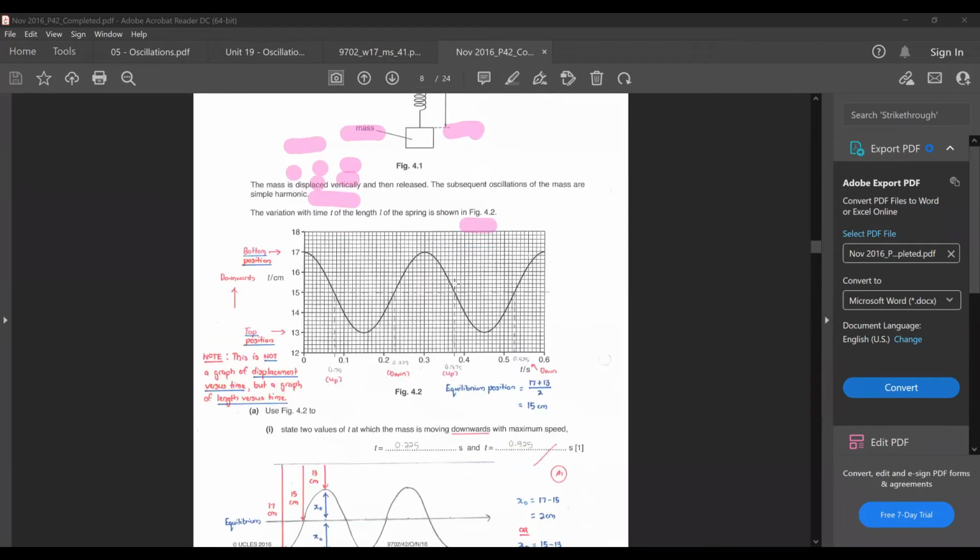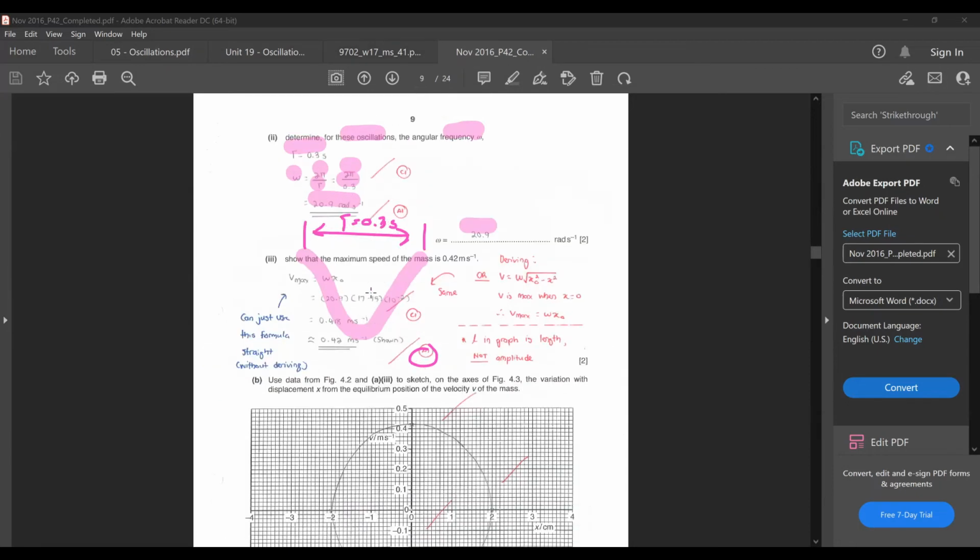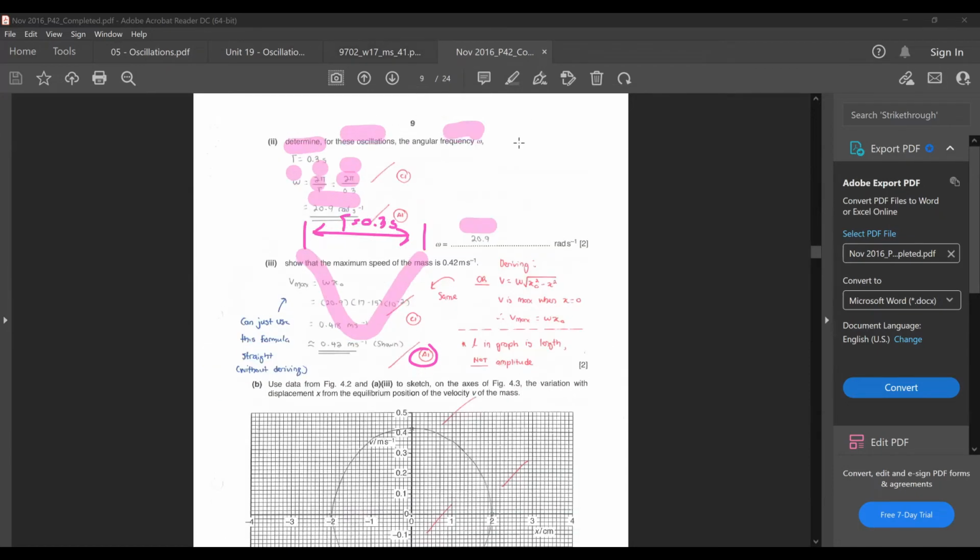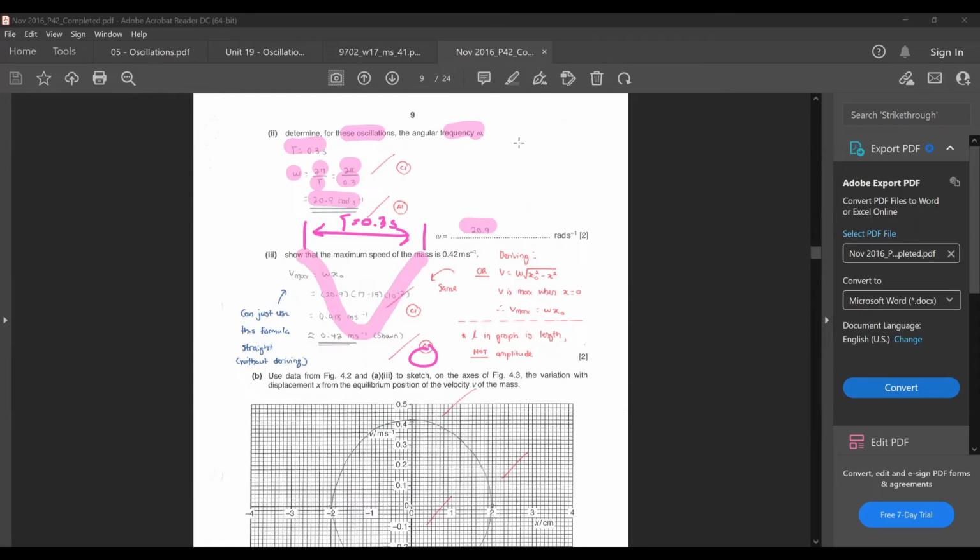Your graph here, if you just look at it, this one is strictly speaking your period. T equals 0.3 seconds. So just take 2 pi divided by 0.3, and you're going to get 20.9 radians per second. So this one should be fine.